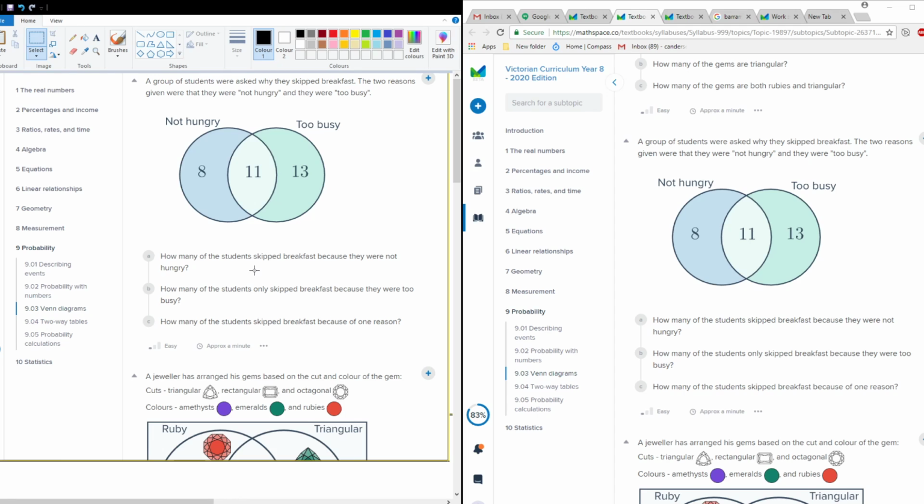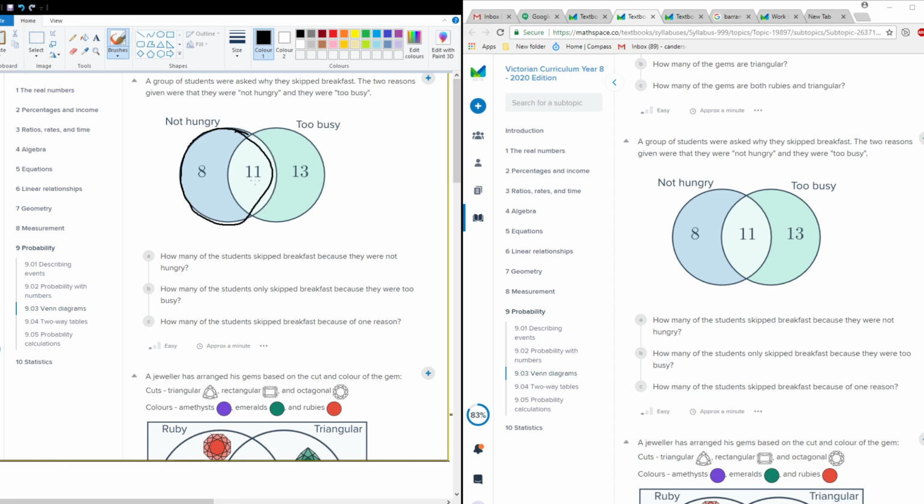So how many students skip breakfast because they were not hungry? So this one here is the not hungry circle. So that means that there is 19 people who skip breakfast because they were not hungry.